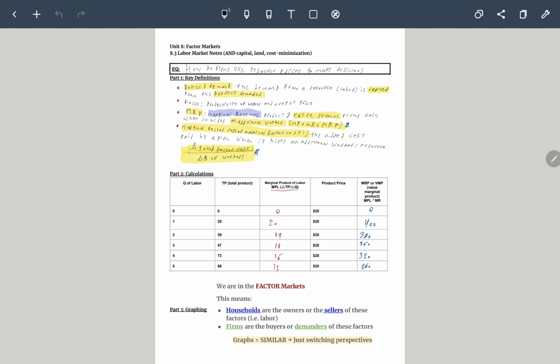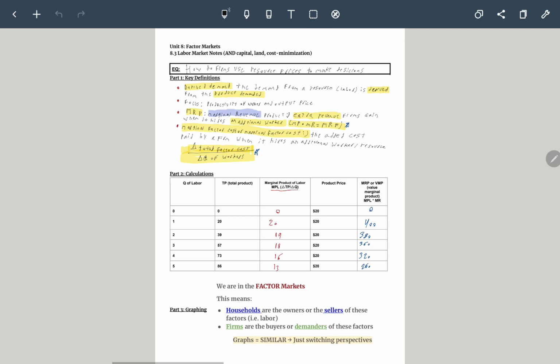And our change from 39 to 20 is 19, and our change from 57 to 39 is 18. Now, the reason I'm just putting it here and not putting it over quantity of labor, I actually am, but it's just that the change in quantity of labor is 1, because it's not changing by any other volume than 1, because we go from 1, 2, 3, 4, 5 for quantity of labor.